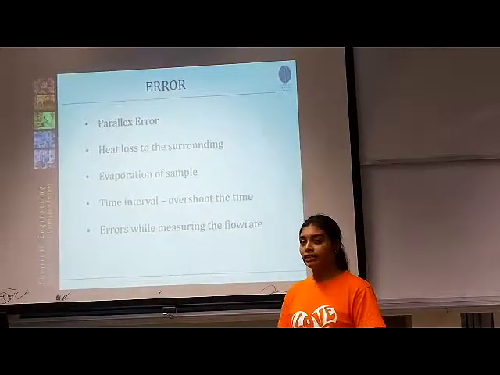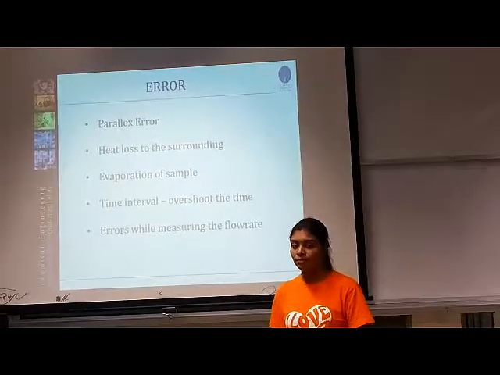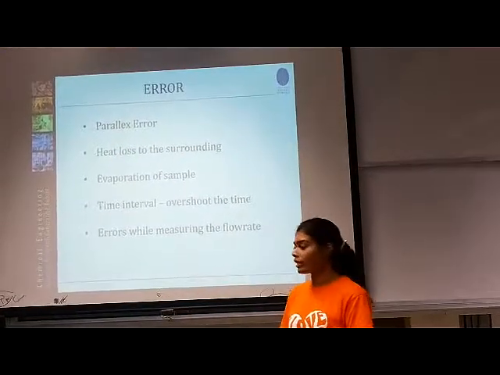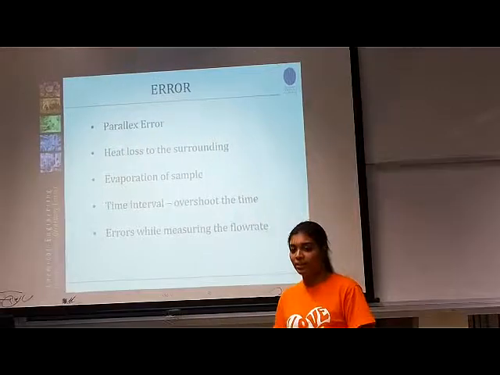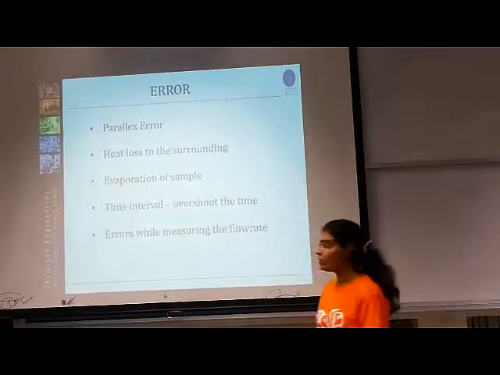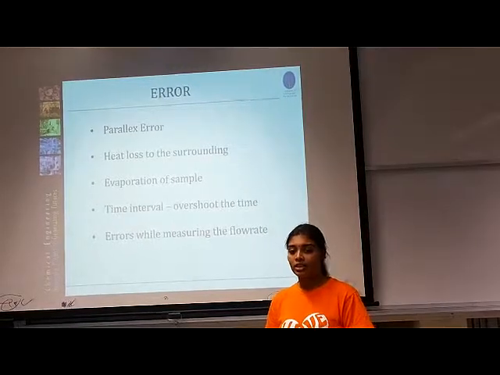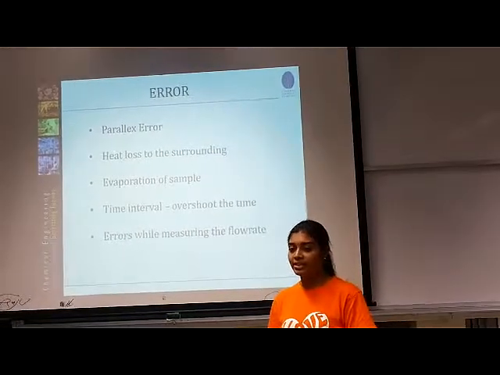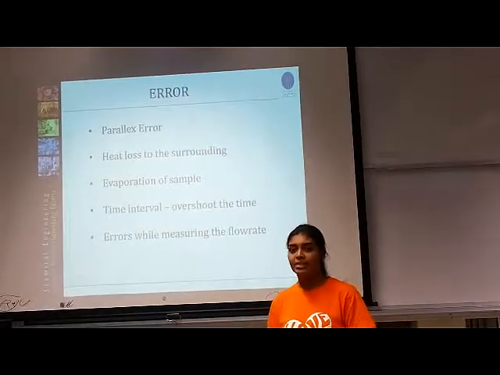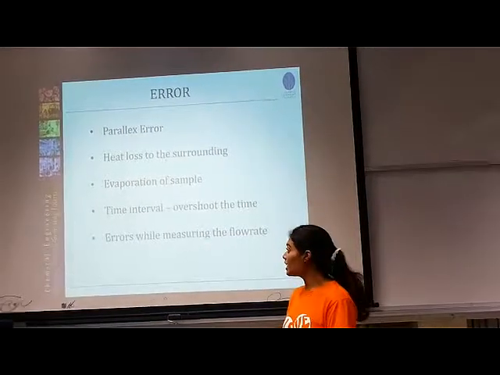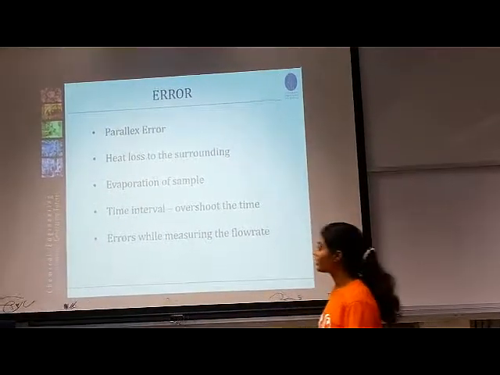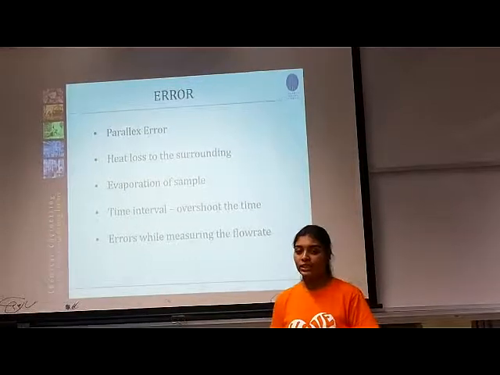When we're taking the top and bottom product from the equipment, the temperature of the surroundings may affect the temperature of the sample. The third one is evaporation of the sample. Since the alcohol is volatile, the sample evaporates easily and this affects the mass balance calculation. The fourth error is the time interval and overshooting the time.